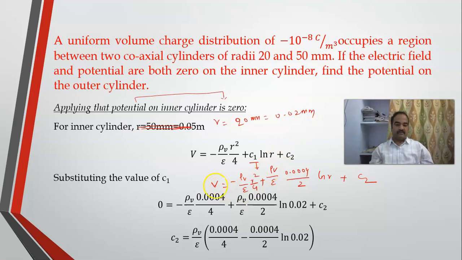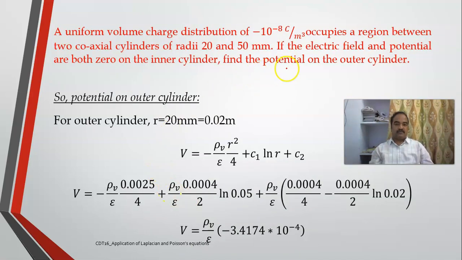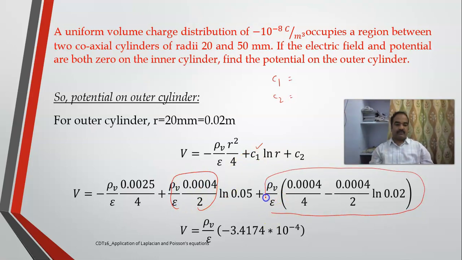If I substitute V as 0 and r as 0.02, I'll get the value of c2. Now I have the values of c1 and c2. Now I am substituting these values.